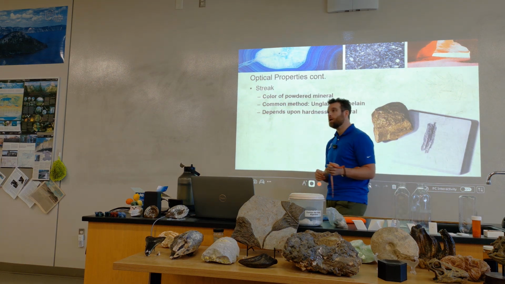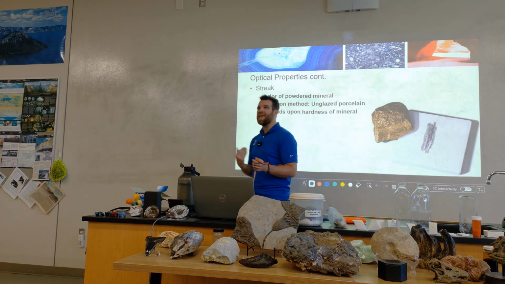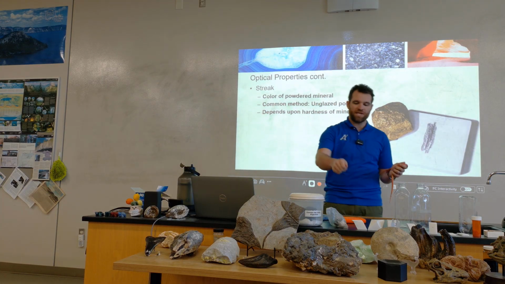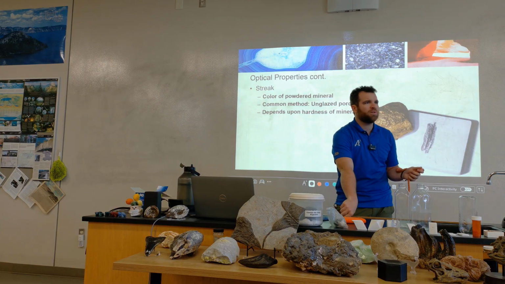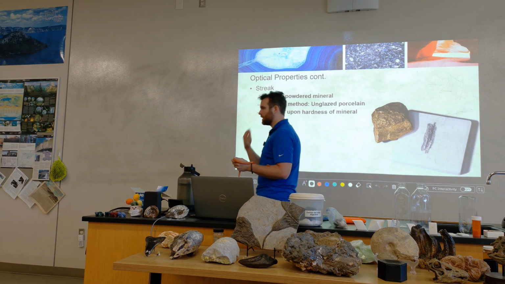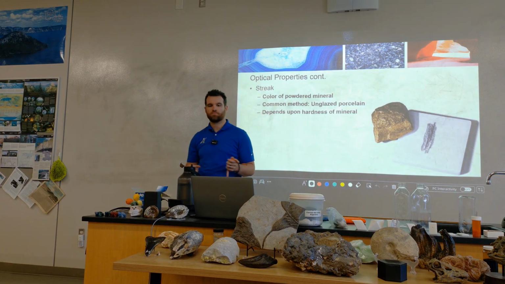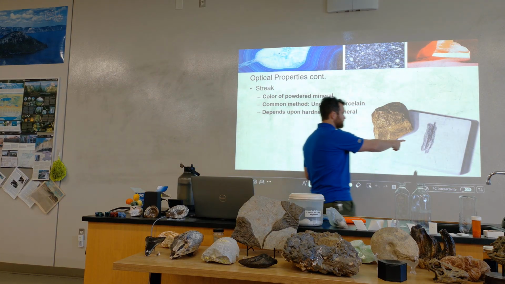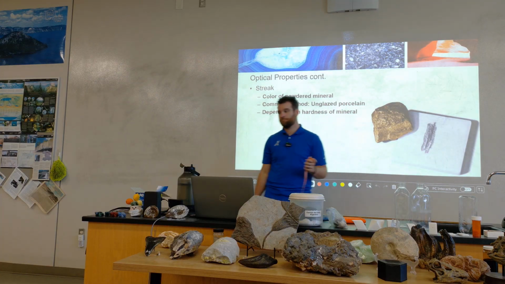Basically, because air and water may have changed the color on the outside of your mineral, you're taking just a couple of atoms thick layer of that mineral to see what that color would be. So, for example, in this picture, this one looks golden, but its streak is black.